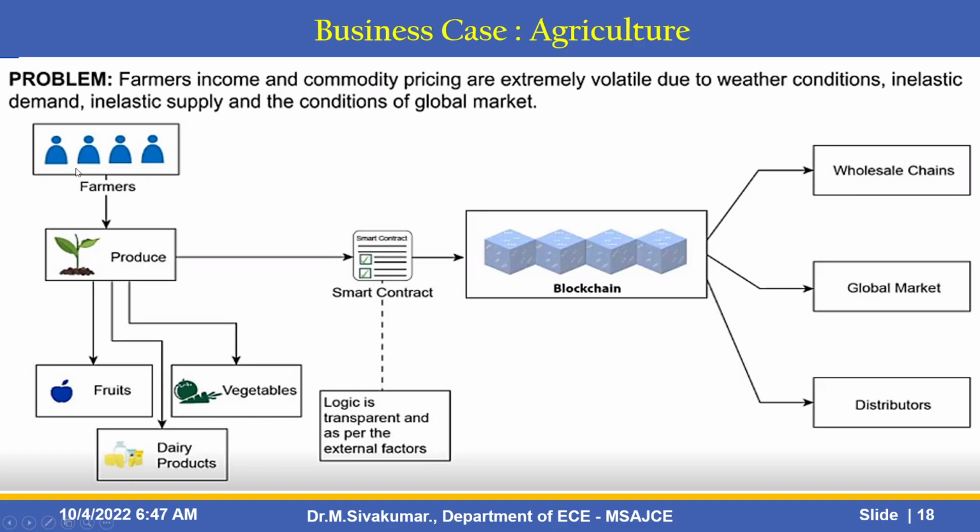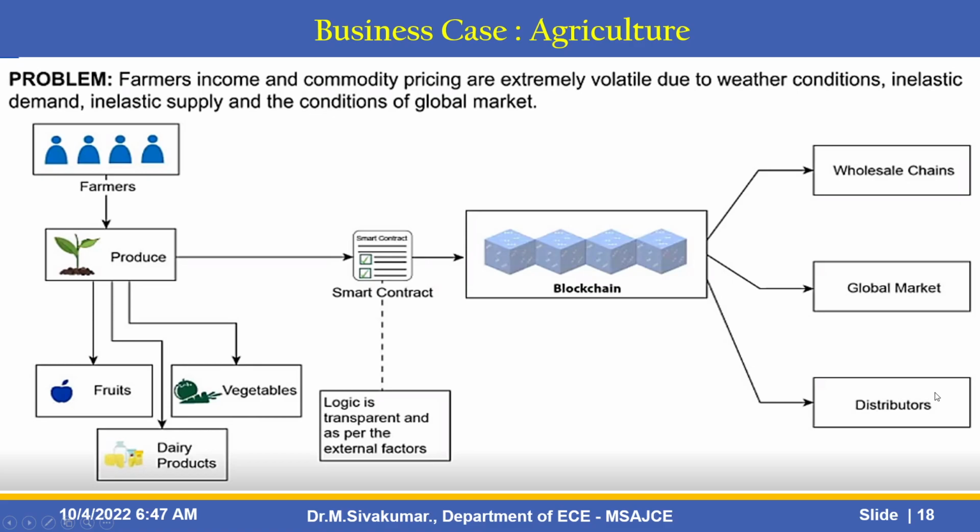Here you can see the farmers. The farmer produces items such as fruits, vegetables, and dairy products. Here, a smart contract is created with rules, and the logic is transparent and responds to the external factors. After creating the smart contract, it is applied to this blockchain, and at the end of the system are wholesale chains, global markets, and distributors.